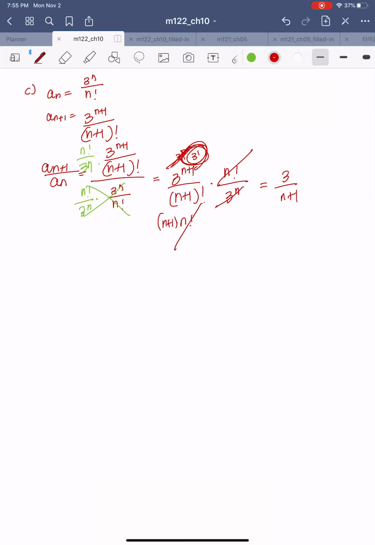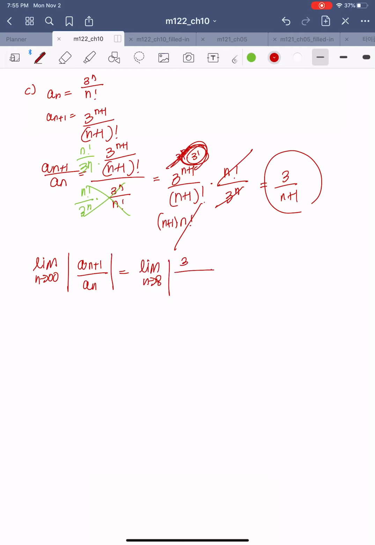All right. And then let's take the limit as n approaches infinity of a sub n plus 1 divided by a sub n, which we got as 3 over n plus 1. This is bottom heavy, so by the limit rule, this goes to 0.